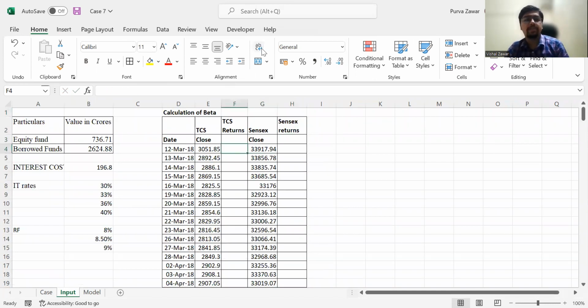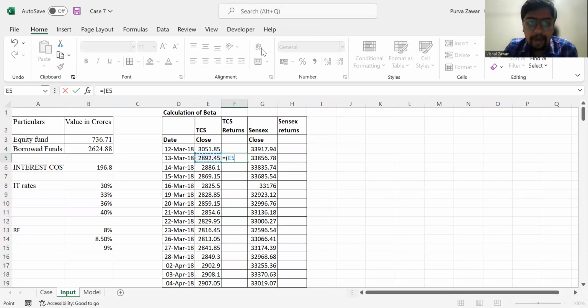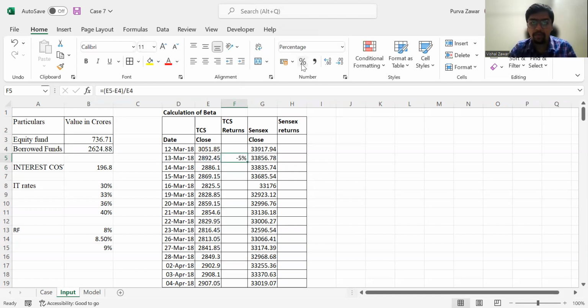How to get TCS returns? Can I say TCS has closed at 2892 on 13th of March and it closed at 3051 on 12th. Means in one day the price change has resulted into a negative return of 5%. Anybody who might have invested on 12th of March at the end, if he sells at 13th March at the end, of course, there's going to be a loss of 5%.